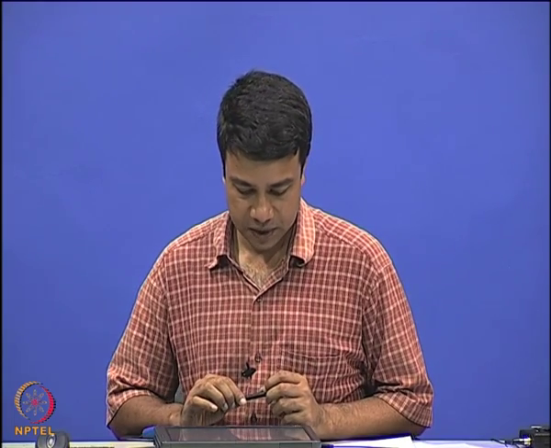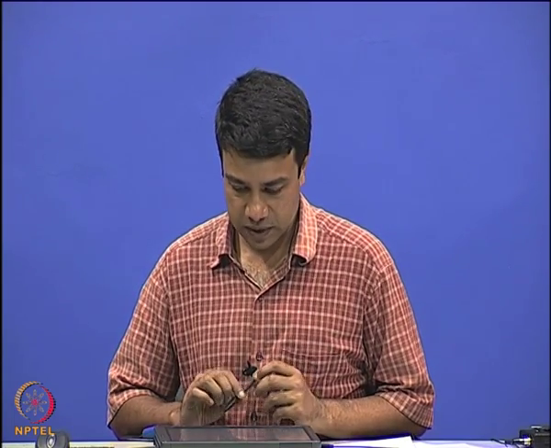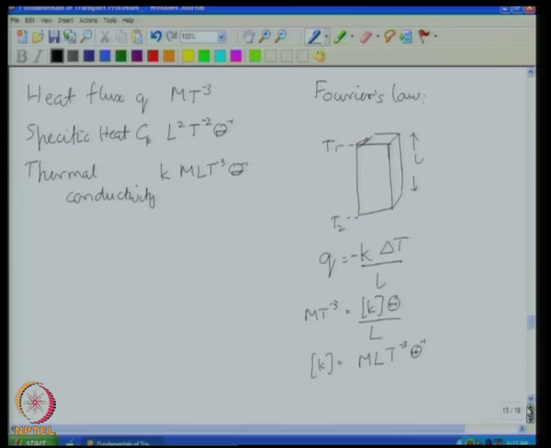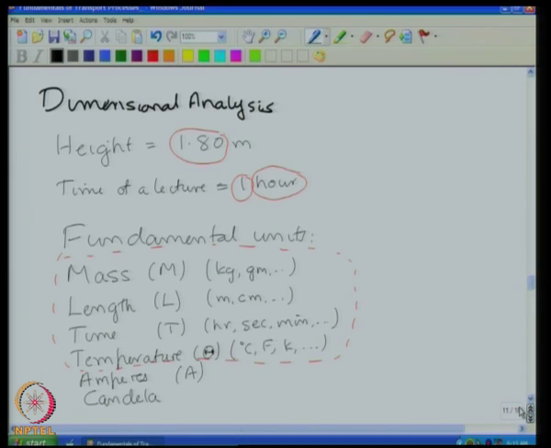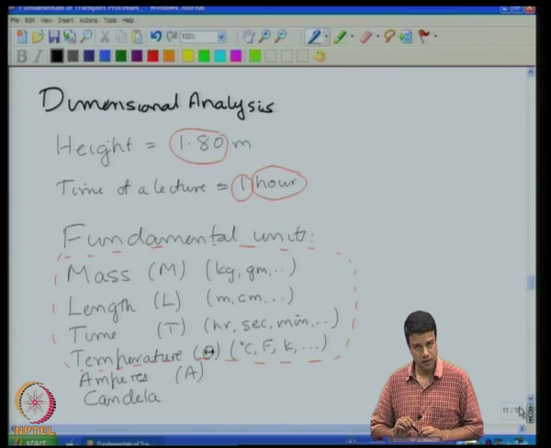So, to briefly review, in this lecture I had gone through dimensional analysis. The first thing that I had said was that there are fundamental units and there are derived units. Fundamental units are mass, length, time, temperature, amperes for current, and candela for light intensity.